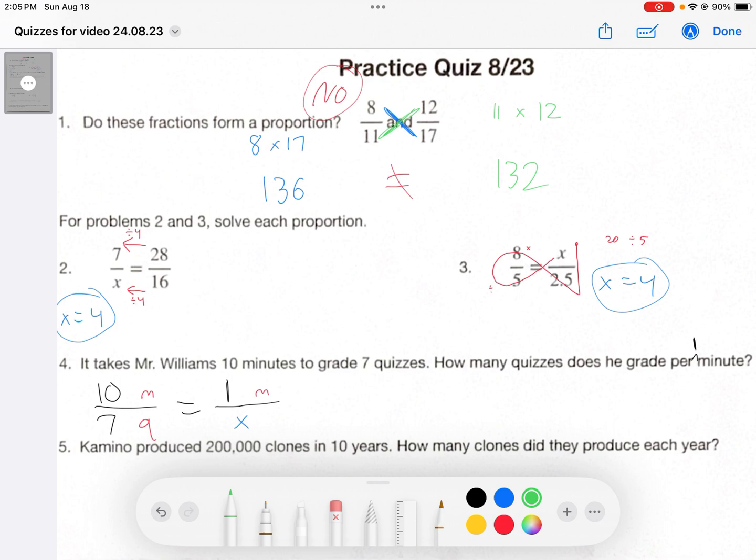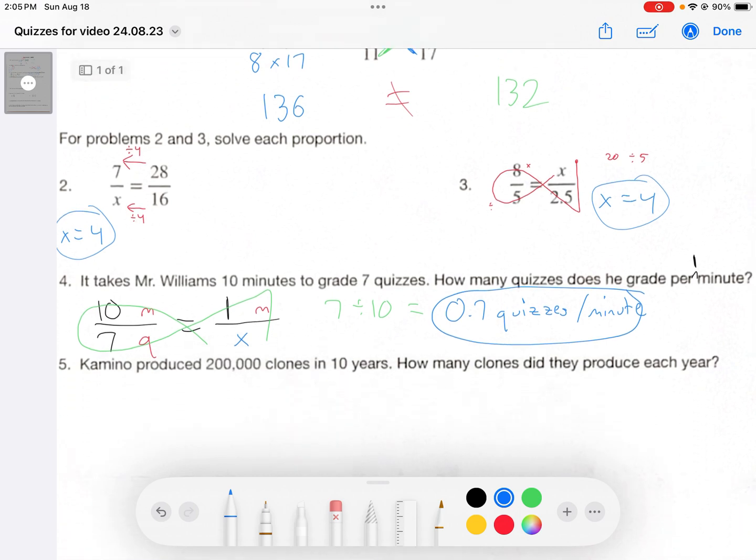So if I use my fish on this one, I'm going to be doing 1 times 7, which is 7, and then dividing by 10. So 7 divided by 10 is 0.7, or 7/10 of a quiz every minute.